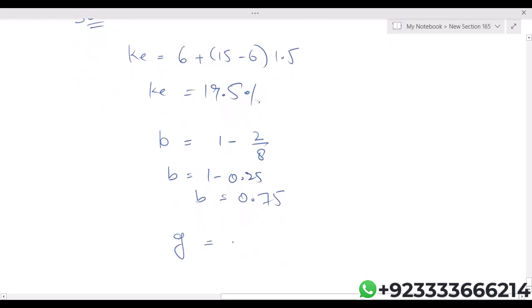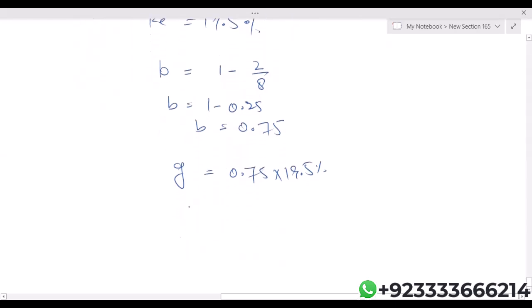Annual dividend growth rate by using the Gordon growth model: 0.75 times 19.5%. Let's see. Students, I'm getting 14.625%.